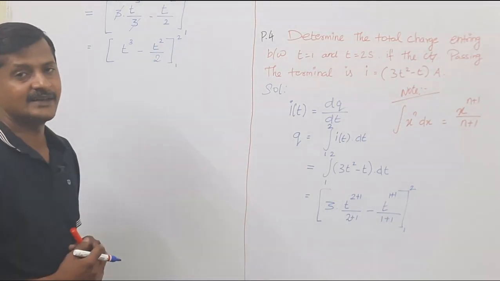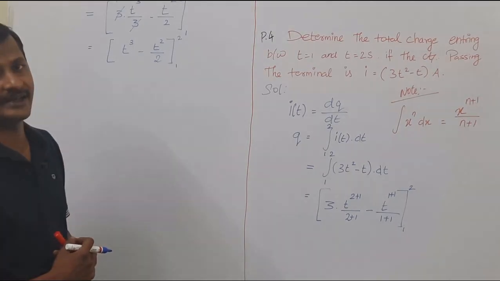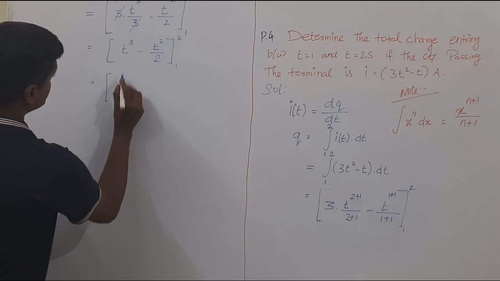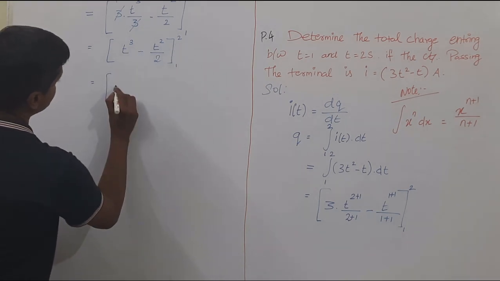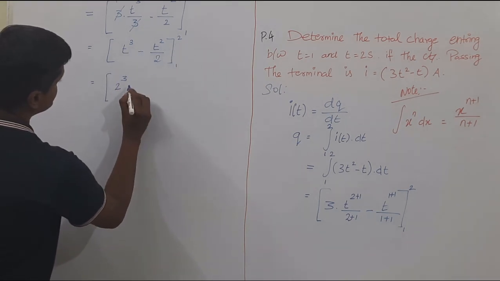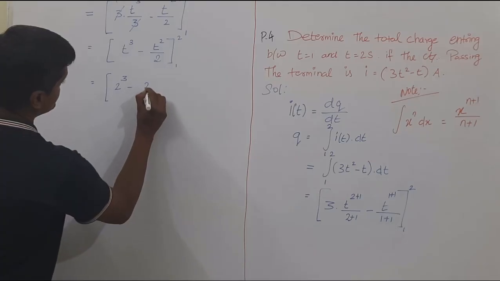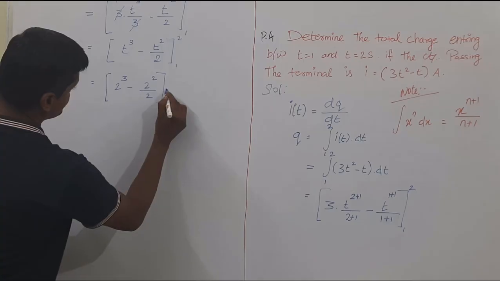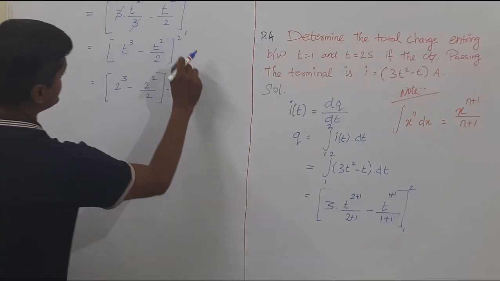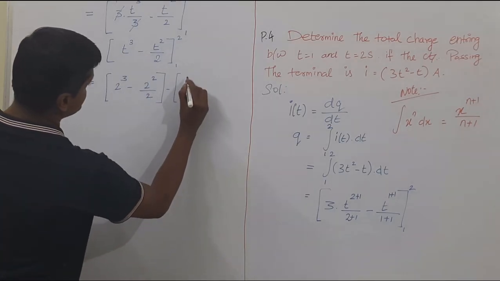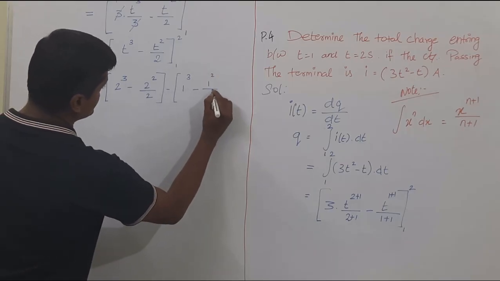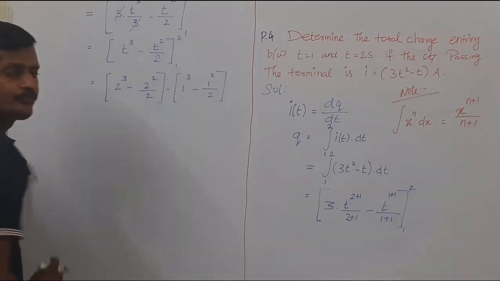Now we substitute the limits, higher limit minus lower limit. Substituting the higher limit 2: 2 power 3 minus 2 power 2 divided by 2, minus the lower limit 1: 1 power 3 minus 1 power 2 divided by 2.